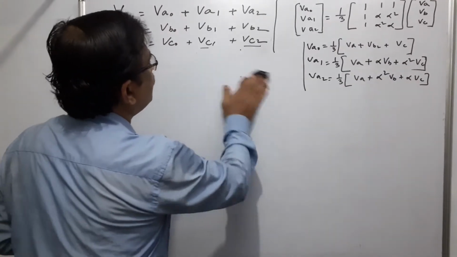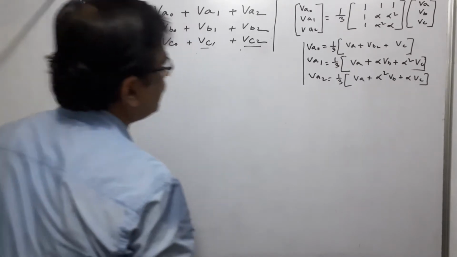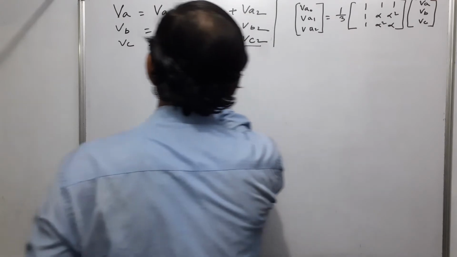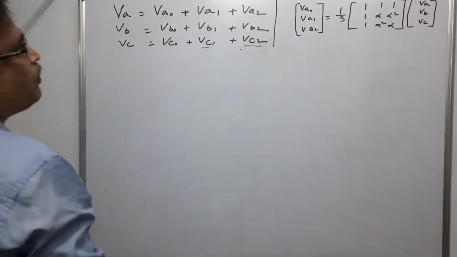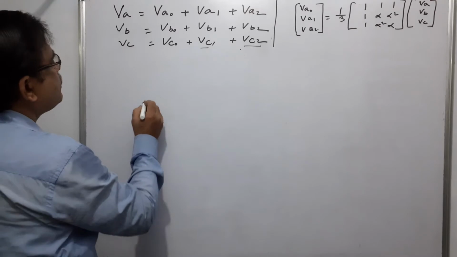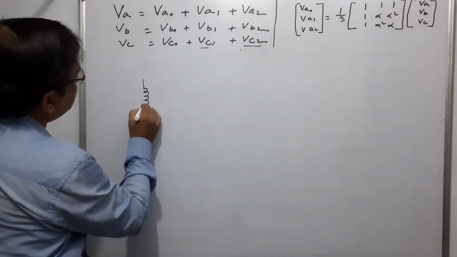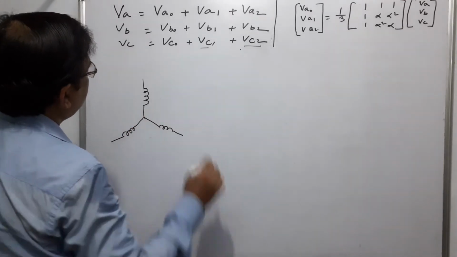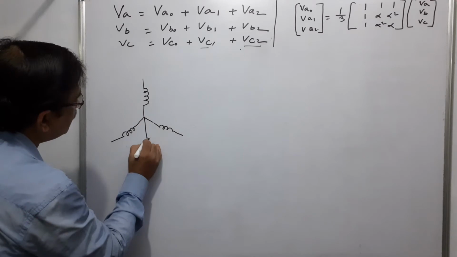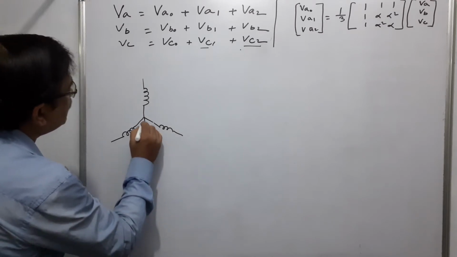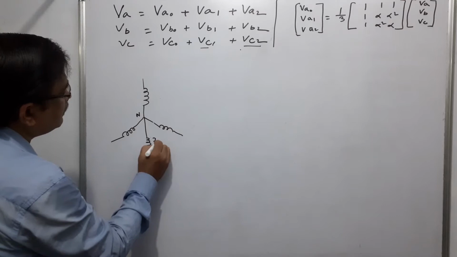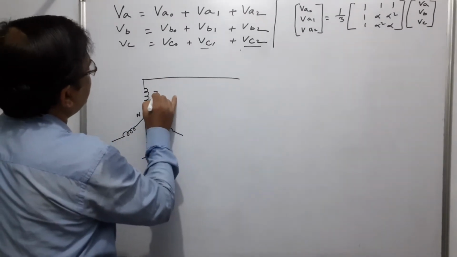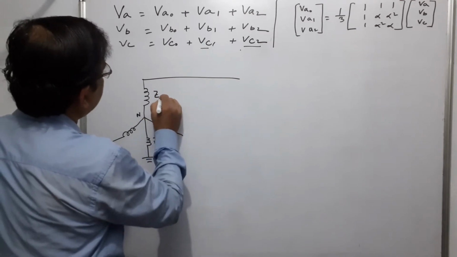So consider an alternator whose neutral point is grounded with Zn, an impedance grounding, and it is Z1.